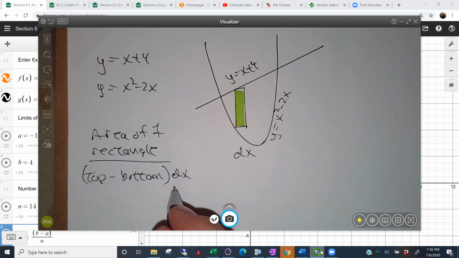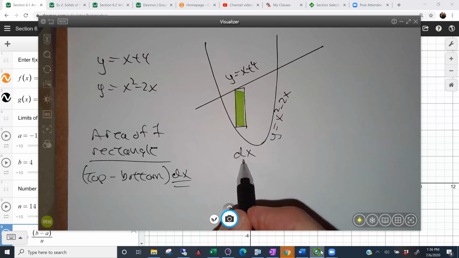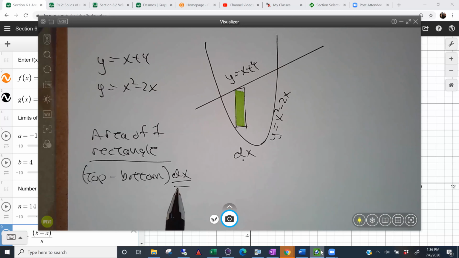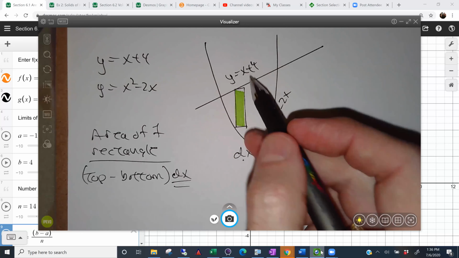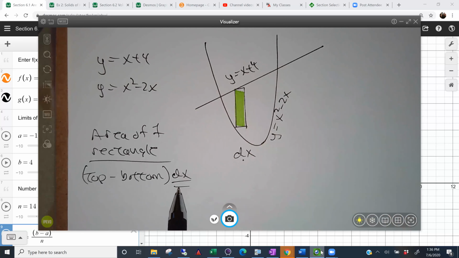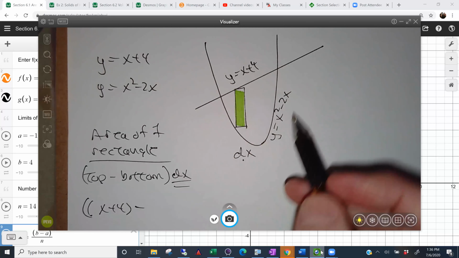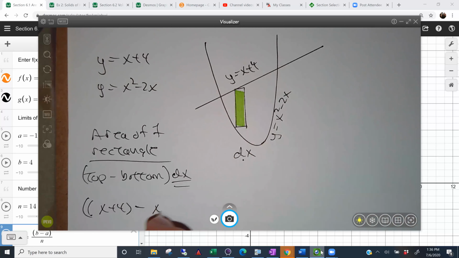Now, I like that we put this notation here, dx, because that reminds you that this difference better be in terms of the variable x, because that's what we want to integrate with respect to. So our top function is x plus 4. Our bottom function is x squared minus 2x.